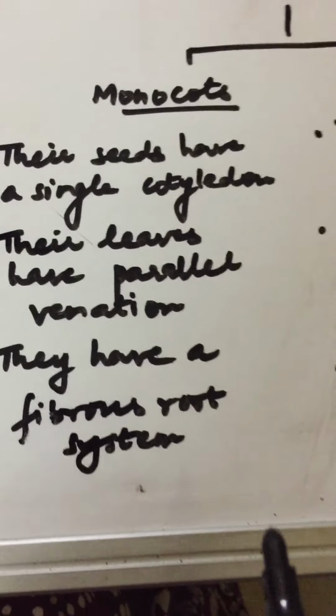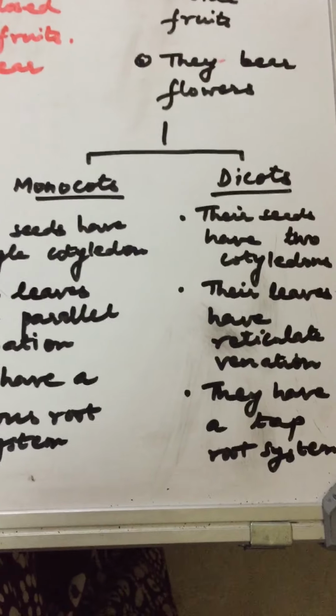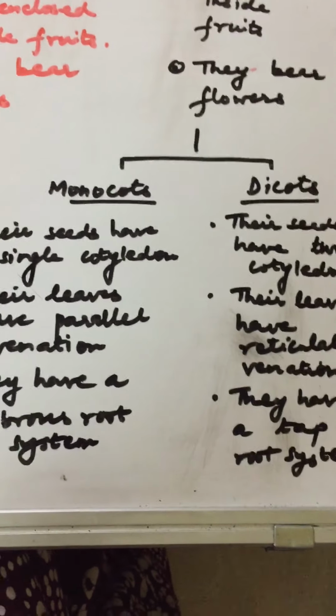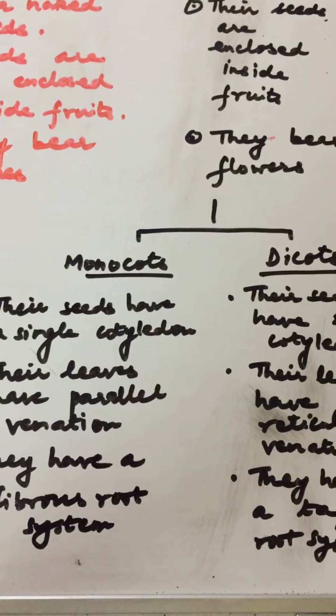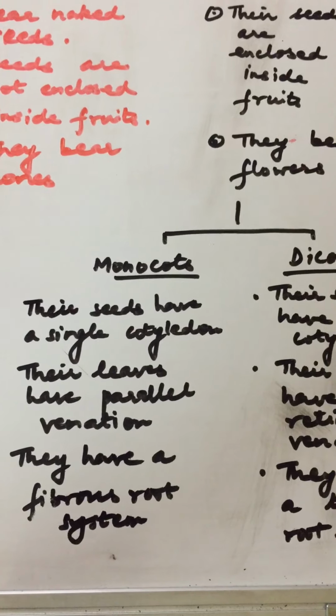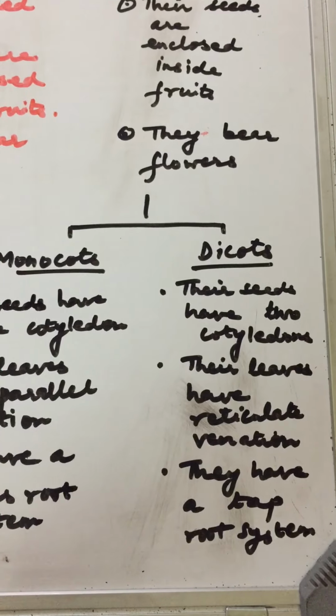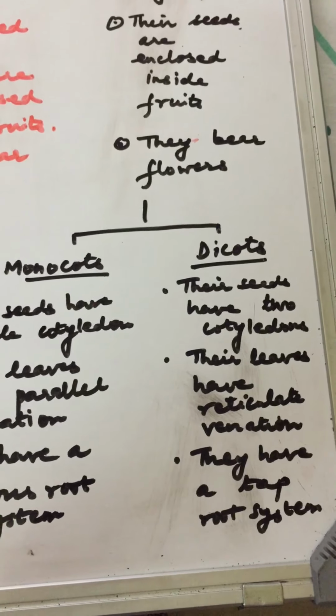So, coming back to the differences, monocots, their seeds have a single cotyledon. Dicots, they have two cotyledons. Monocots, their leaves have a parallel venation. Dicots have a reticulate venation. Monocots have a fibrous root system and dicots have a tap root system. So these are the differences between monocots and dicots.